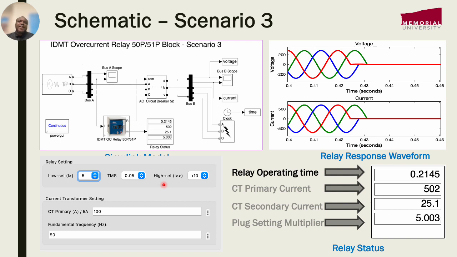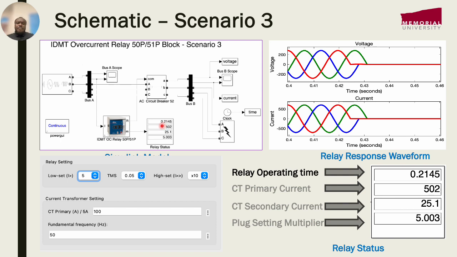If our current is 10 times larger, how would the relay behave? As we expected, the relay trip time reduced even further from 2 seconds to 0.2 seconds, which is really fast.